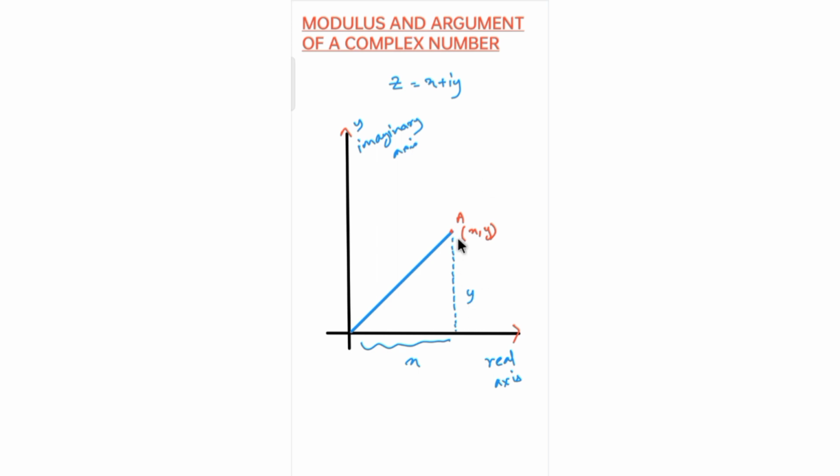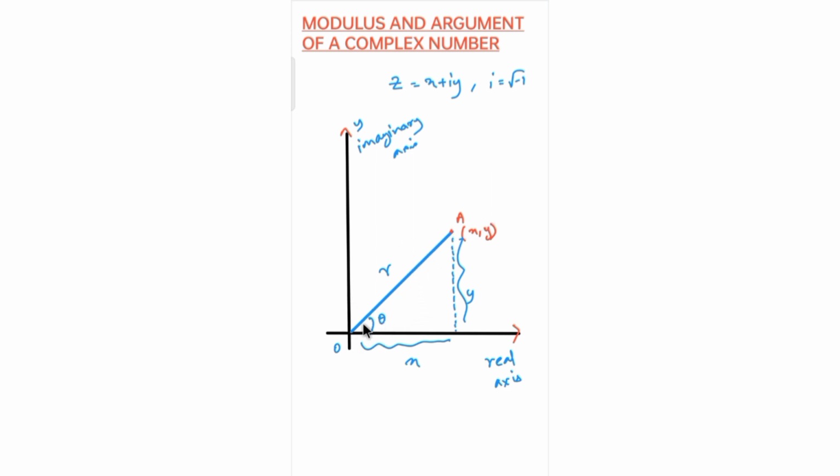So this total is y, and let this be theta, and the distance OA is r. So x comma y, and you know that i is equal to root over minus 1. This is my imaginary axis, this is my real axis, and this is theta.